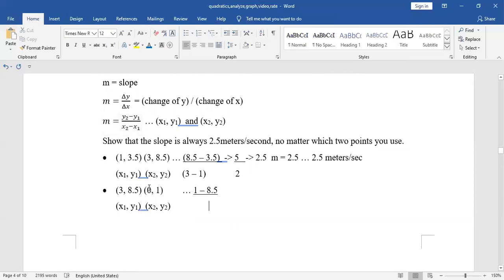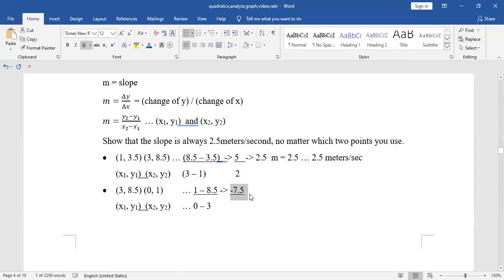So I'm going to take my x2, which is 0, and subtract the other x, which is 3. So 0 minus 3. And 1 minus 8.5, you can do that on a calculator or figure it out, is going to be negative 7.5 on the top.